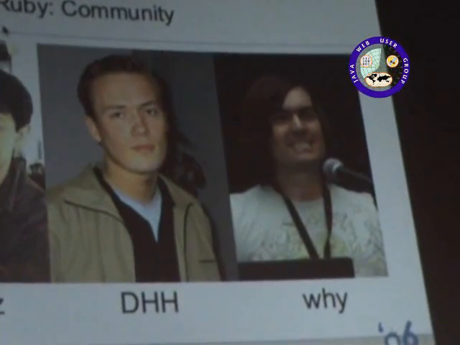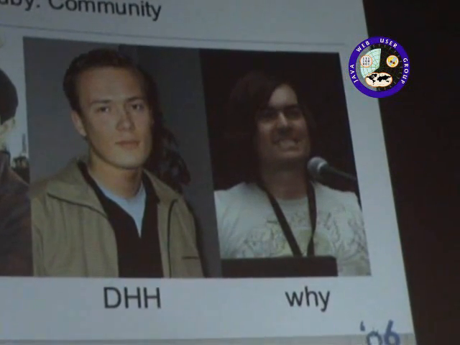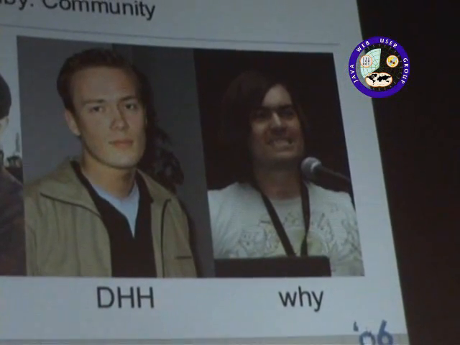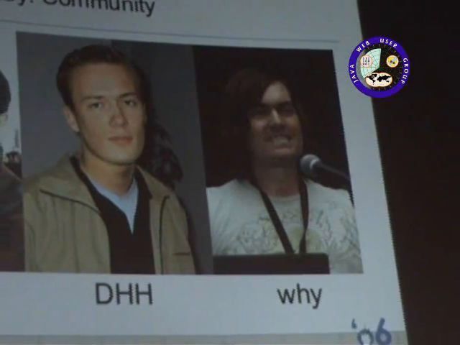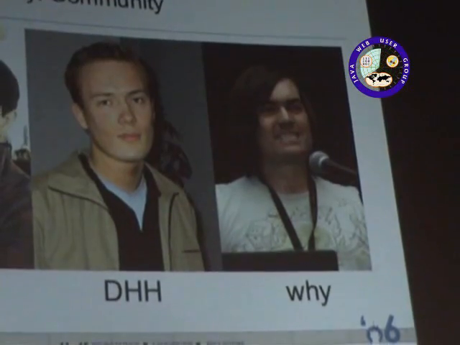And on the far right, we have a character, definitely a character, who goes by the name _why the Lucky Stiff. Most people end up just calling him _why. Actually, when you talk to him, you say, why, how's it going? He is another of the more colorful characters from the Ruby world.